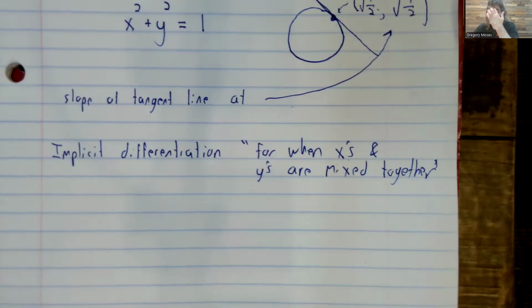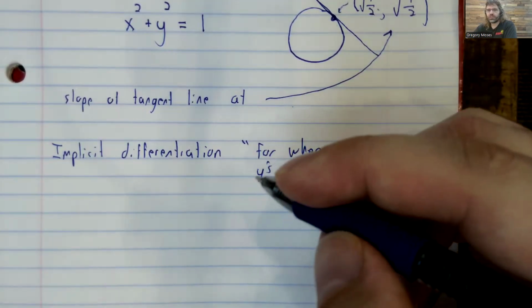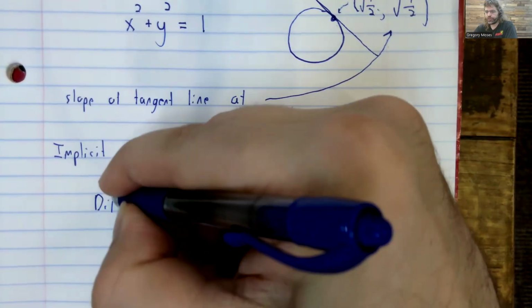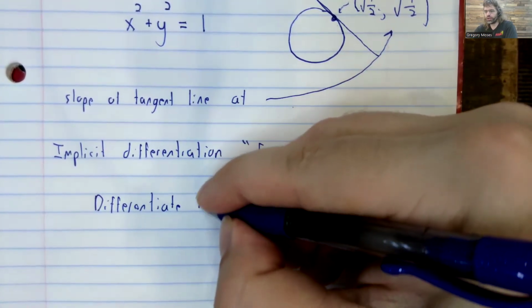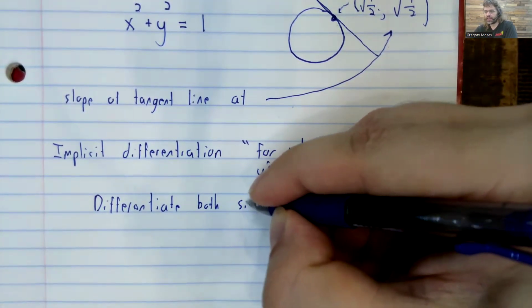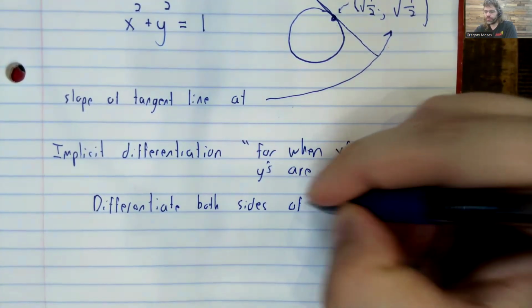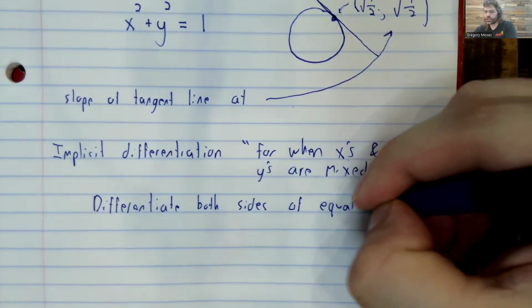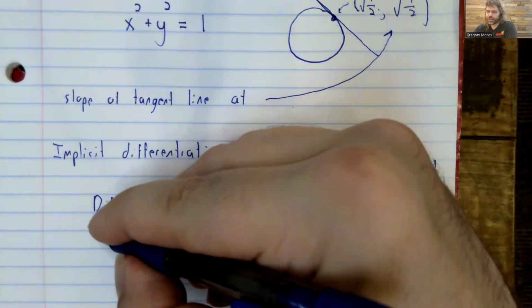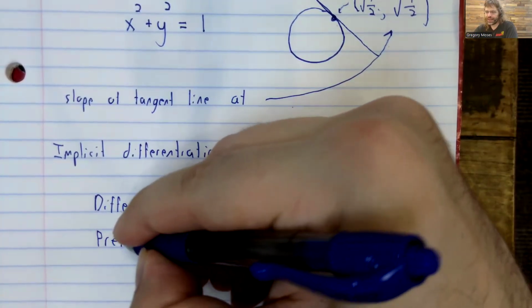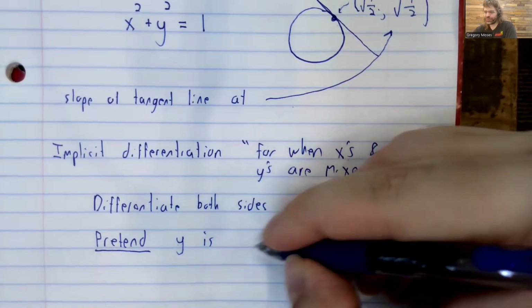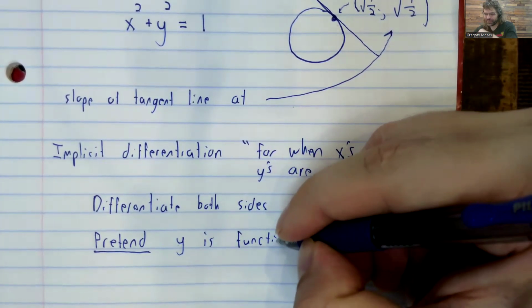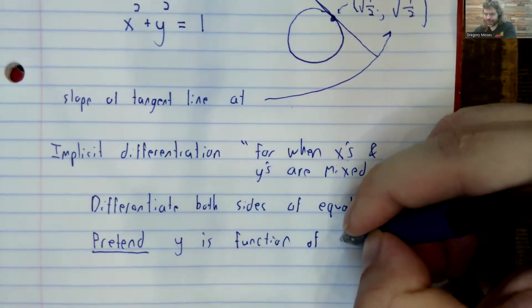And the trick, or maybe I should say the method, is to differentiate both sides of the equation and to pretend that y is a function of x.